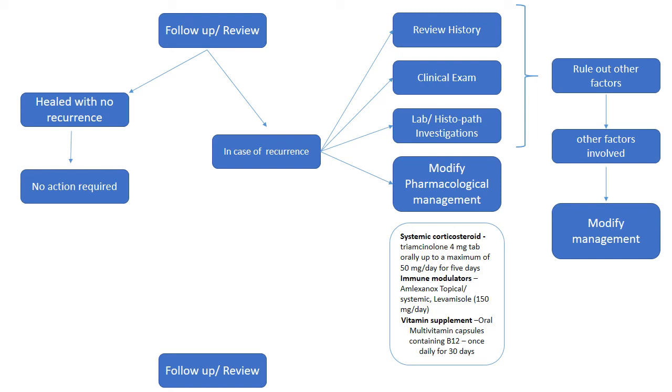Now this time, along with your symptomatic treatment of topical analgesics, instead of a topical steroid, you can go for a systemic steroid in severe cases, usage of immune modulators such as amlexanox or levamisole, and again supplementing the patient more to make up for any deficiencies.